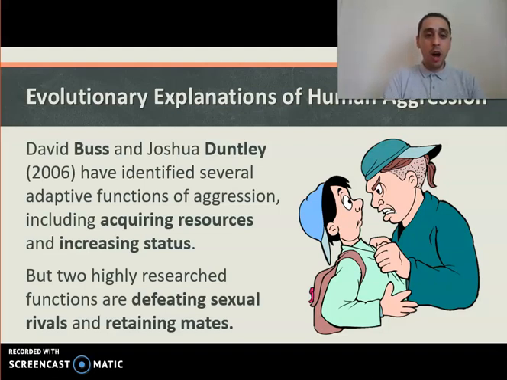But two highly researched functions are defeating sexual rivals and retaining mates. So aggression can defeat any sexual rivals you have for your partner, and it can help you retain your mate.